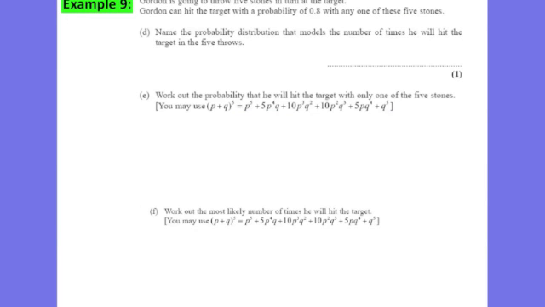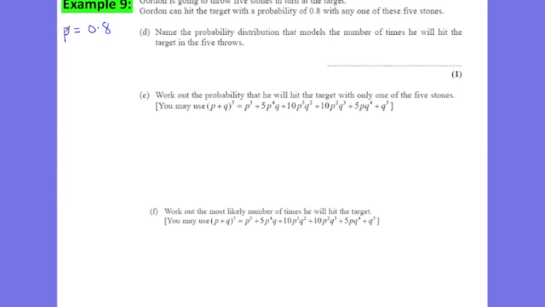Example number 9. Gordon is going to throw 5 stones in turn at the target. Gordon can hit the target, success, with a probability of 0.8. So P for success is 0.8, with any one of these 5 stones, independent.